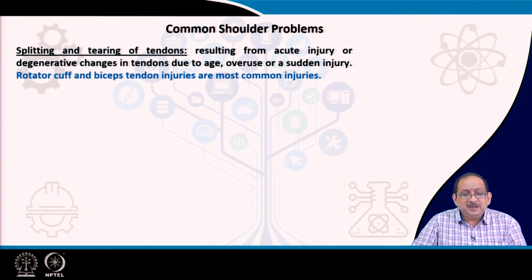The splitting and tearing of the tendons is one important problem that results from acute injury or degenerative changes in tendons due to age, overuse, or a sudden injury. Rotator cuff and biceps tendon injuries are most common injuries under this category.